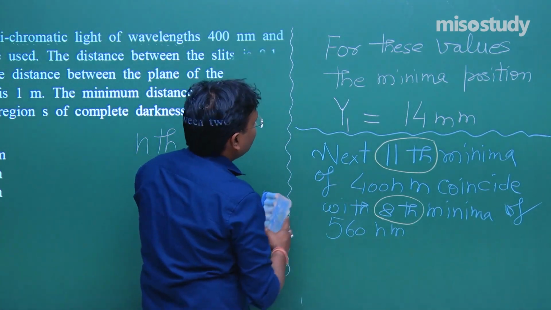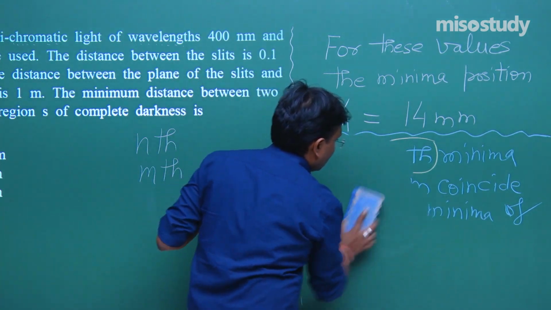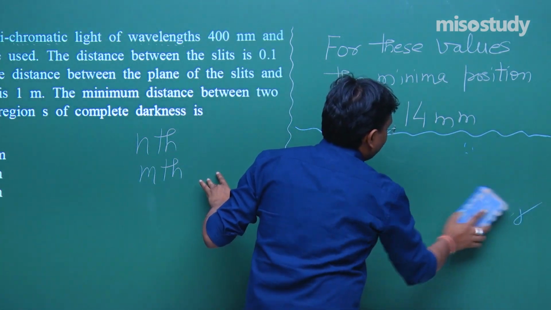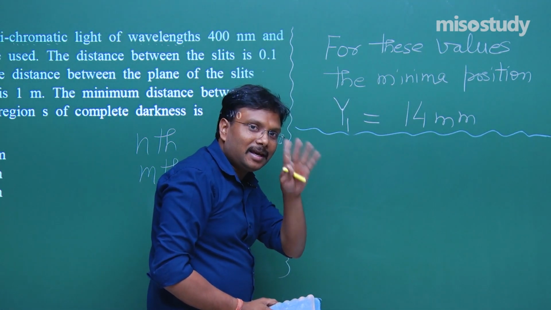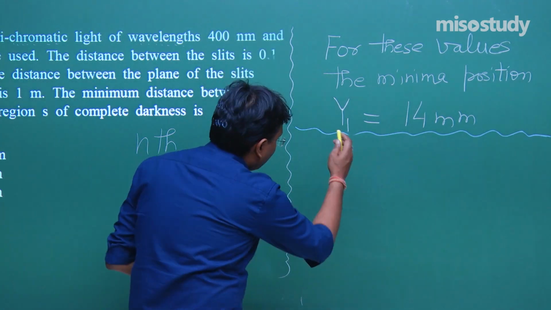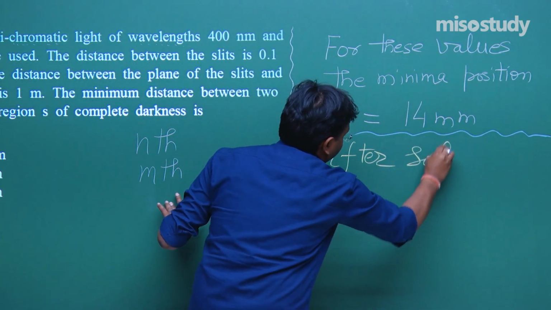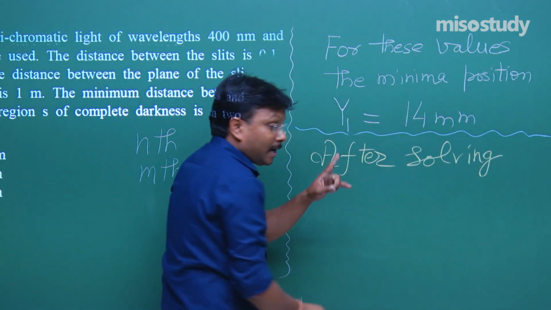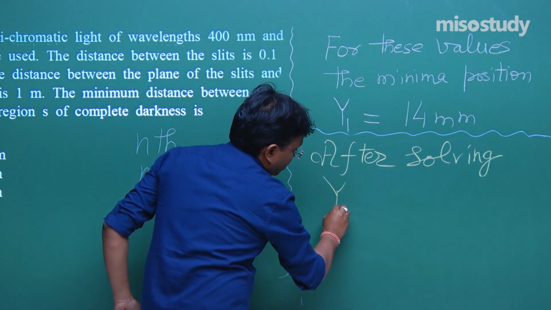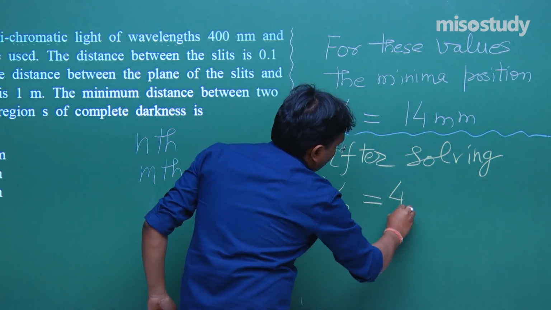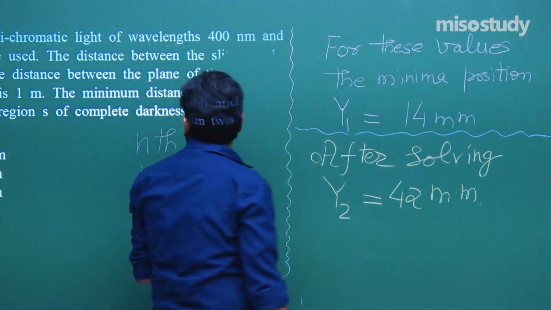Now, if similarly I solve, what will I get? And be sure, at least in this video I am not going to explain how I am getting 11th and how I am getting 8th. So after solving, the next minima position y2 is equal to 42 millimeter. So the difference is how much?